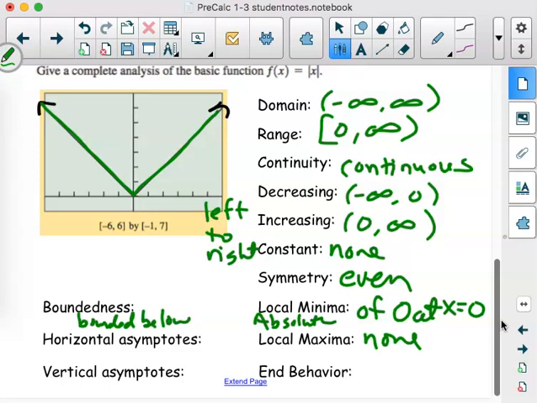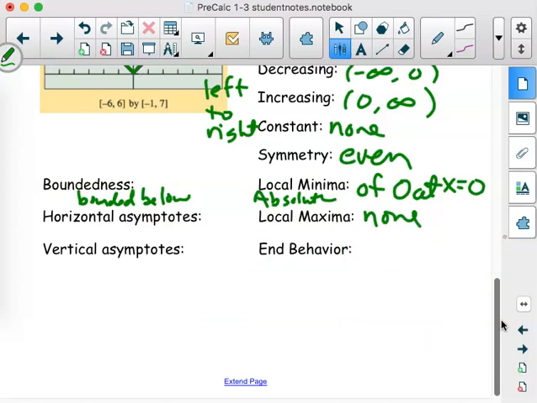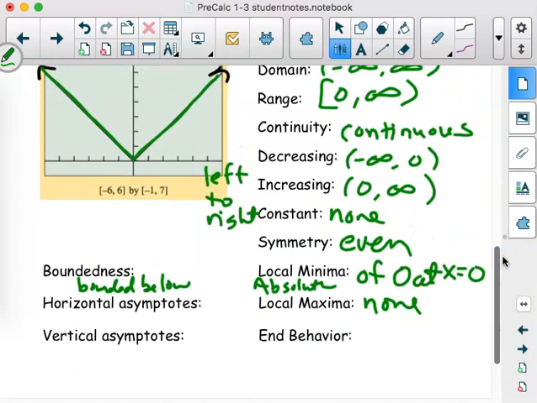It's actually a little more specific than they really want, but bounded below is good. And then horizontal asymptotes, vertical asymptotes. See any? Does it have any division, any even roots when we talk about absolute value? So those are both none.